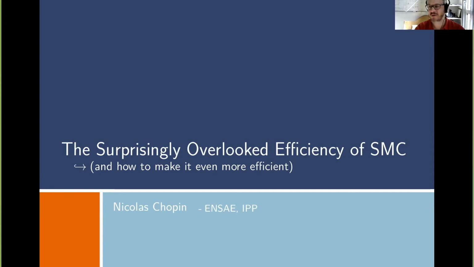As Benjamin mentioned, this is joint work with Dau, and Dau will give a second part of this talk. What I want to do today is to give you a general overview of what I call SMC samplers. I'm not the only one to call them that. I think they are a bit overlooked in the literature. People still rely a bit too much on MCMC or other methods, and SMC works great for a variety of problems.